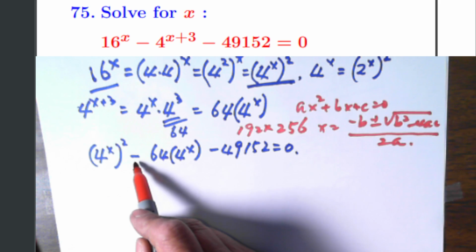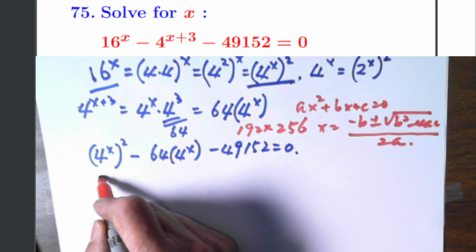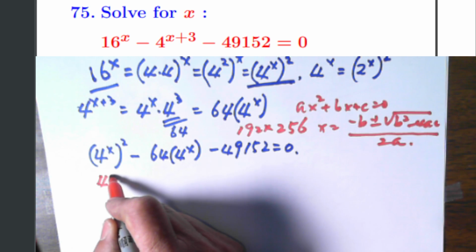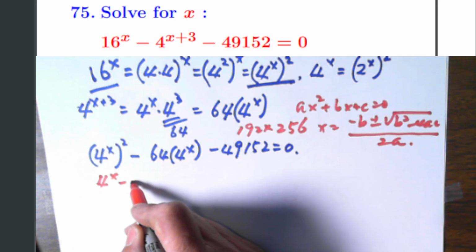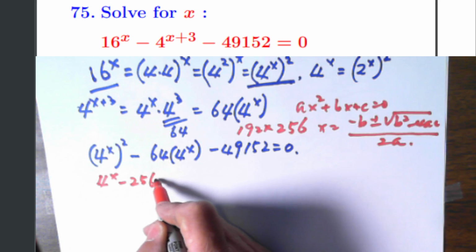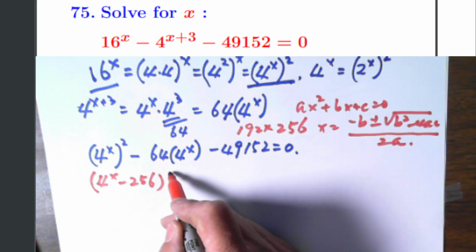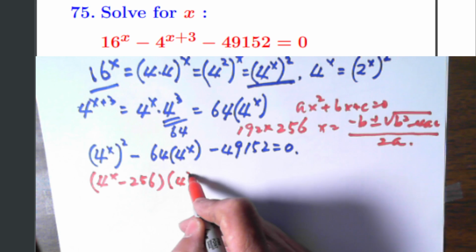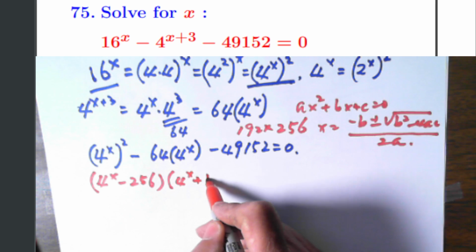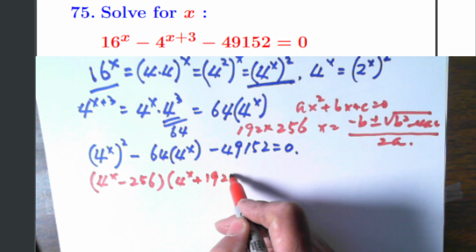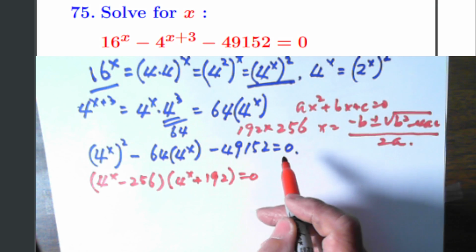And then this one is negative, that's why we can factor it as (4^x minus 256) and (4^x plus 192) equals 0.